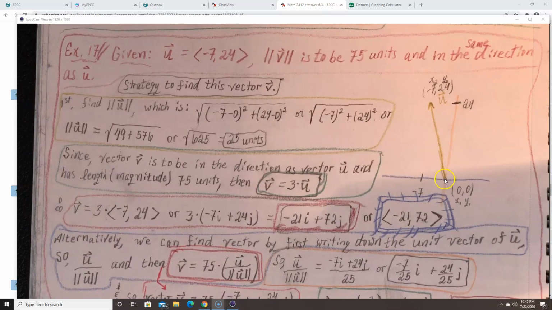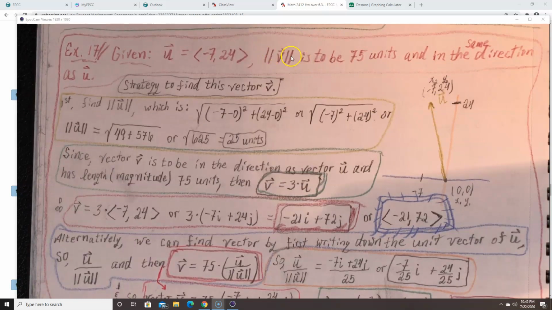So it's going to start at the origin, and it's going to either be shorter, it might be 1 unit long like the last problem, or maybe it's going to be 2 units long, or 5 units long, or 20 units long. However long they want us to make it. How long do they want us to make it?